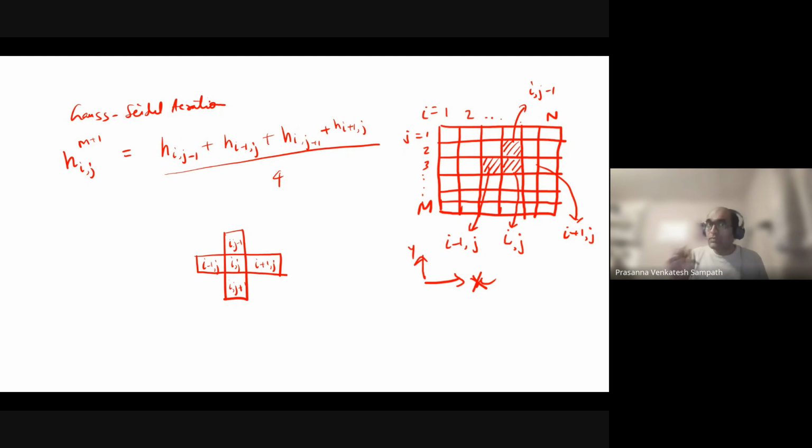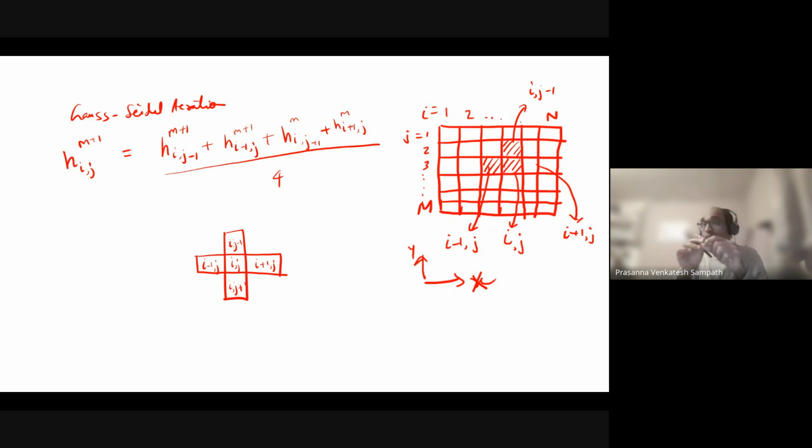So therefore what I do is, for these two cells which have already been computed in iteration number m plus 1, I already have an updated value. So I use the updated value. I use these values from the m plus 1th iteration, and these values I still have not come to them, right? When I'm at cell I comma j, I have not yet reached I comma j plus 1.